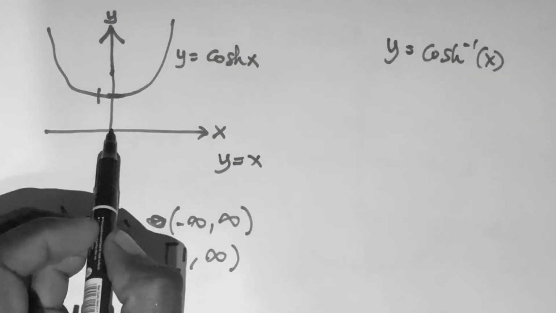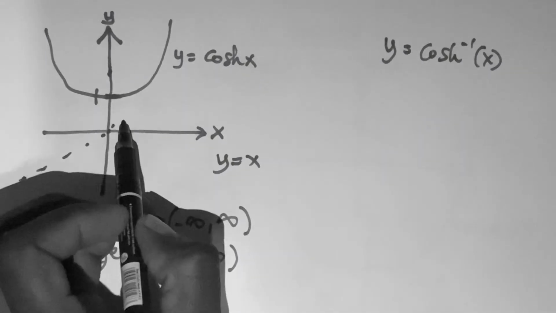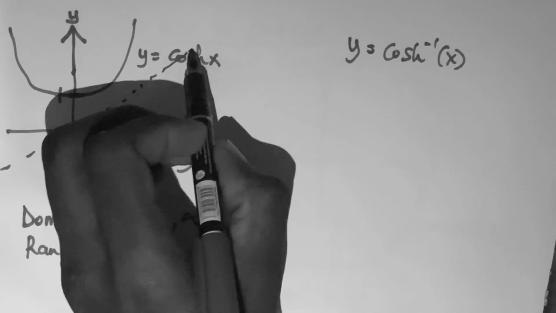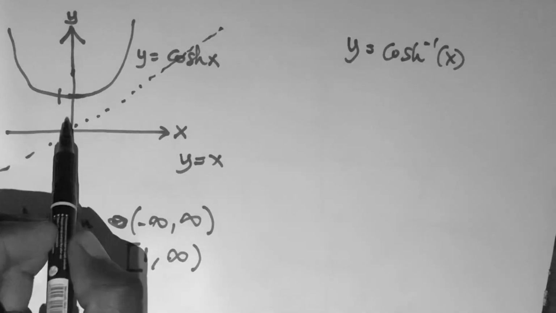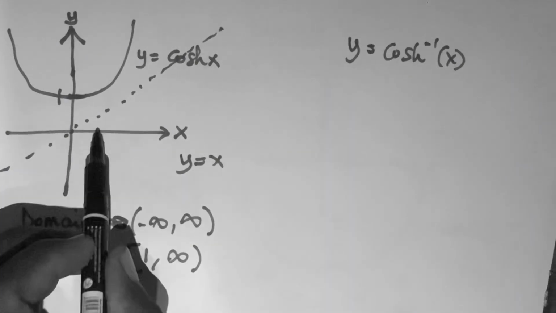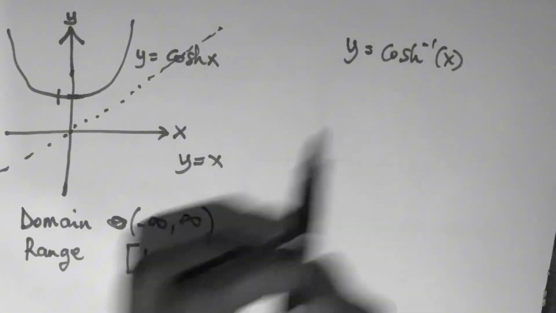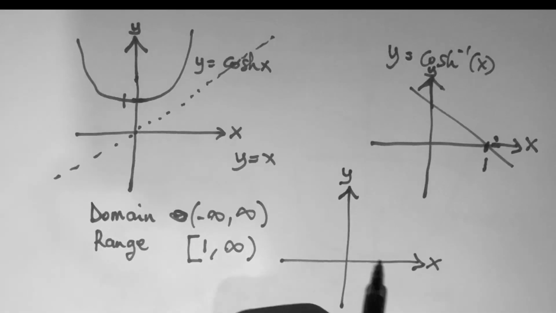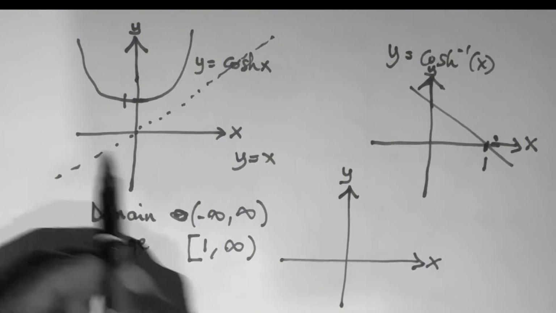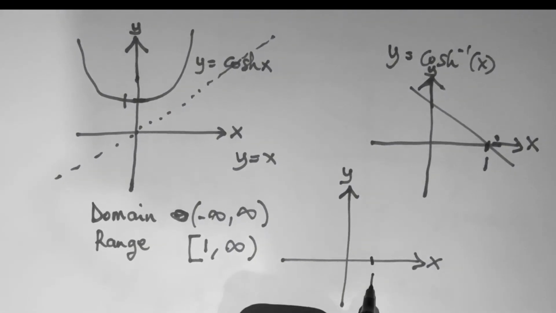So this is the line y equals x. If we put a mirror here and we sketch this graph, then the graph that we sketch from here will be this graph, which is cosh inverse of x. So if we put a plane mirror here, the one comes here.